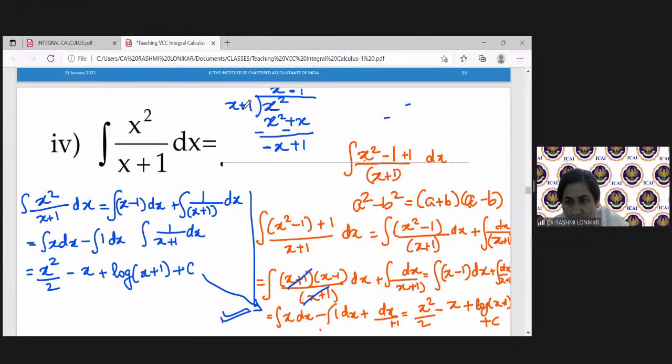When I multiply minus 1 with plus 1, I will get minus 1. So this becomes minus x and minus 1. Minus x plus x will cancel and I will be left here. Okay, so this is the way we have to do it.